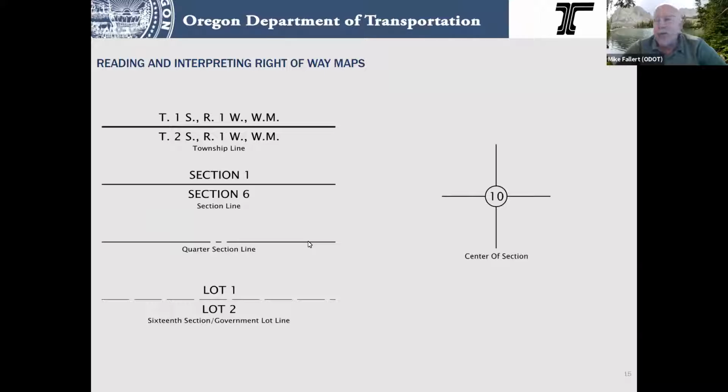Then they can be broken into quarters, and then they can also be broken into quarters of quarters. So you have quarter section line, then you have 16th line. That's called aliquot parts, is the way they talk about it. And then a center of section is usually put in as part of that quarter section line to distinguish where it's at property-wise.